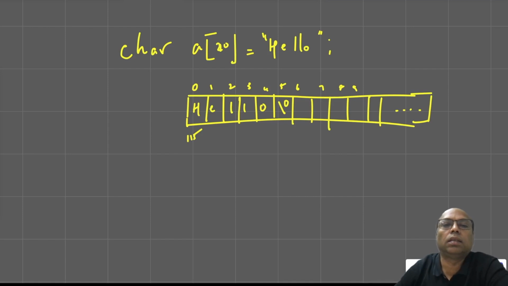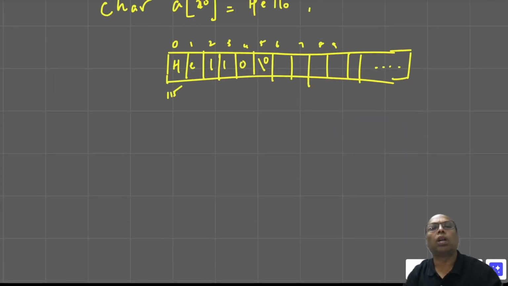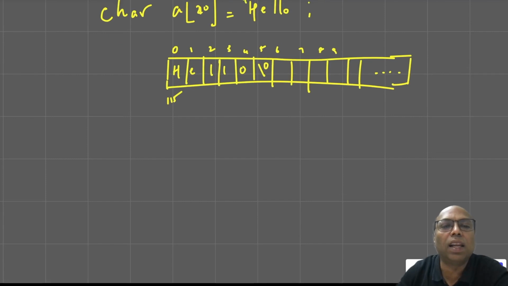So now what I want to find is how many characters are there in this string. If you want to find how many characters are in the string, what do I need to do? I need to see each block.